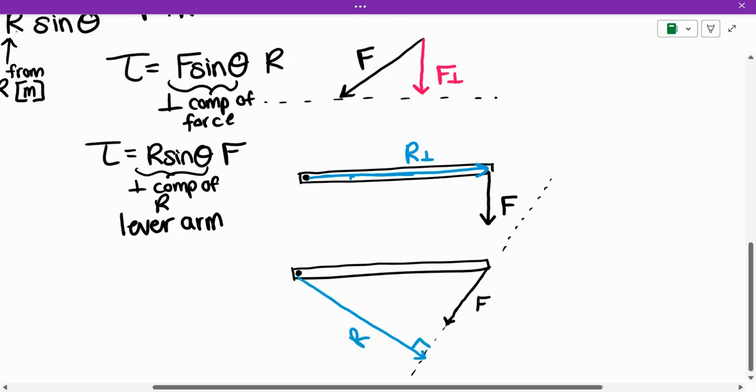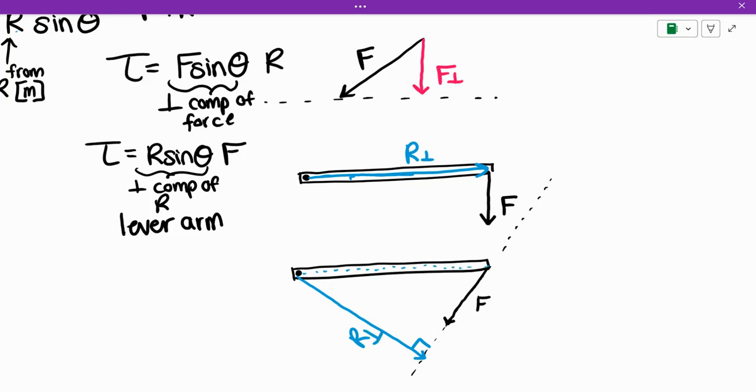So this would be considered the hypotenuse of R, and this would be considered R perpendicular. So it's perpendicular to what's sometimes called the line of action, which is that dashed line that I drew, which is in the same plane as the force.